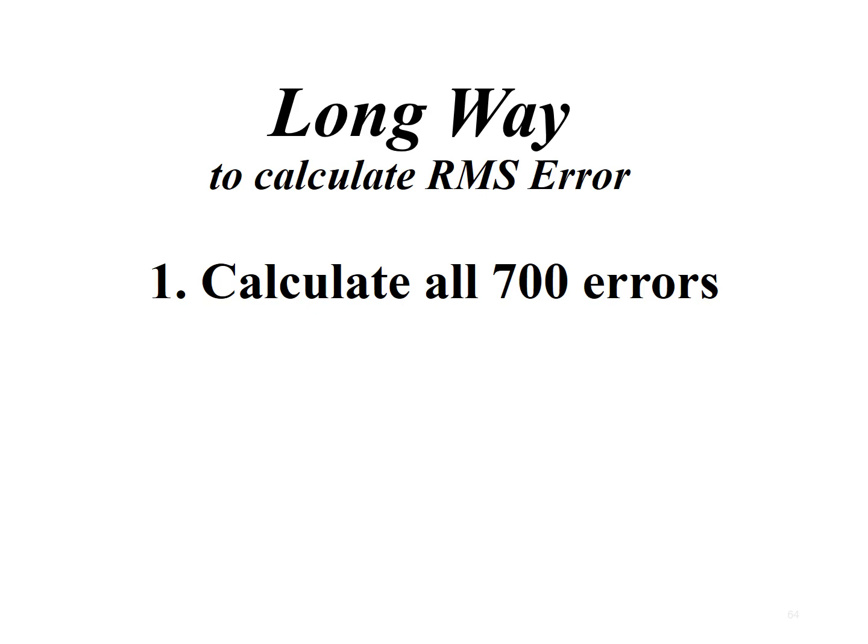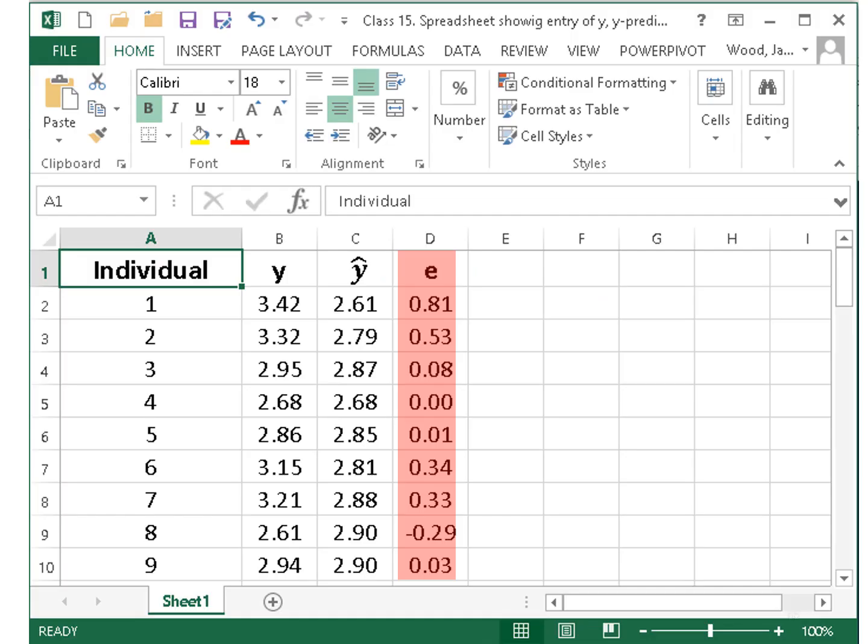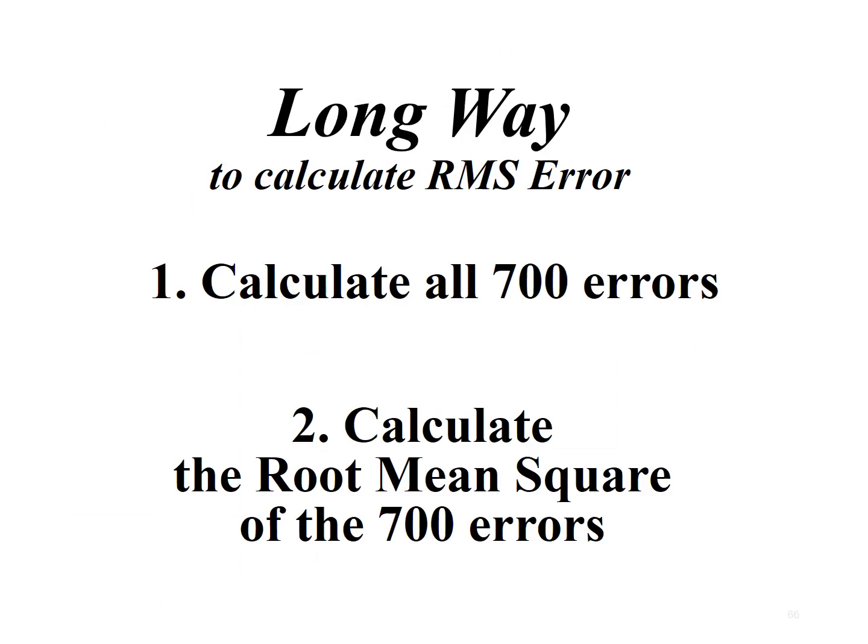Basically the long way would be to calculate all 700 errors. So we would find the error for every single individual, and then calculate the root mean square of those 700 errors.